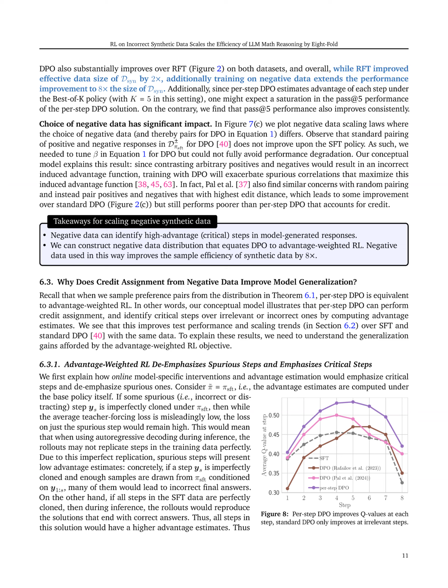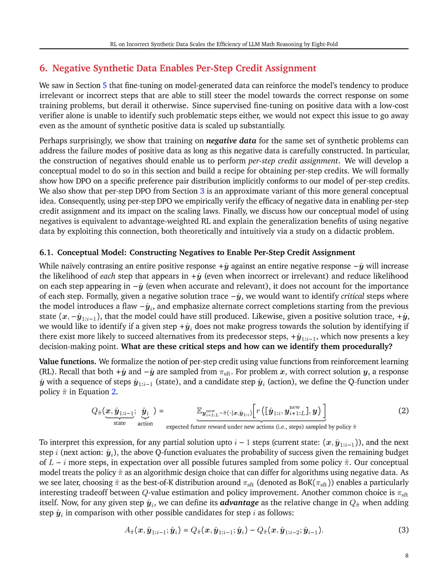Edit distance pairing. Even when pairing positives and negatives based on the highest edit distance, there may still be limitations in improving performance compared to methods that consider per-step credit assignment. This suggests that the method may still have room for improvement in effectively utilizing negative data.